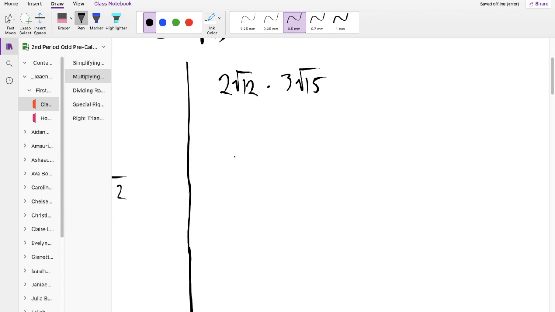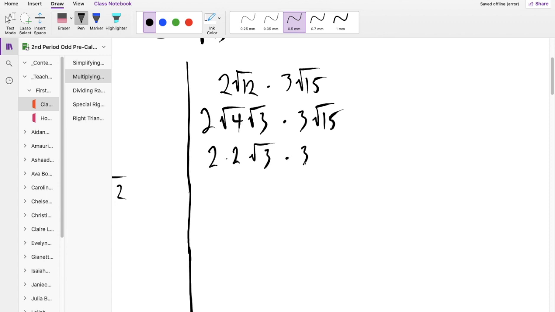So the square root of 12, we have a perfect square of 4. So this is going to be 2 times the square root of 4 times the square root of 3, and that makes up that square root of 12. So we're still multiplying. The square root of 4 is just 2. So this is 2 times the square root of 3 times the square root of 15.